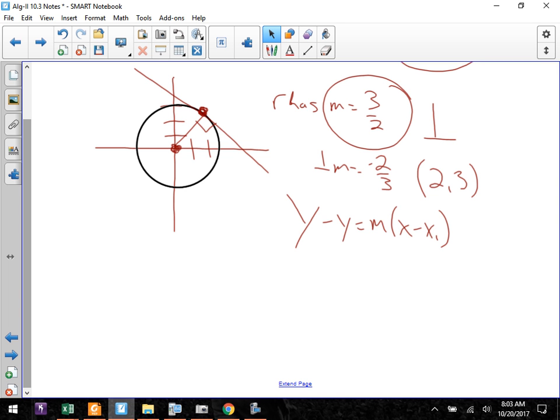Point slope form is a hidden version of the a, h, and k form for lines.